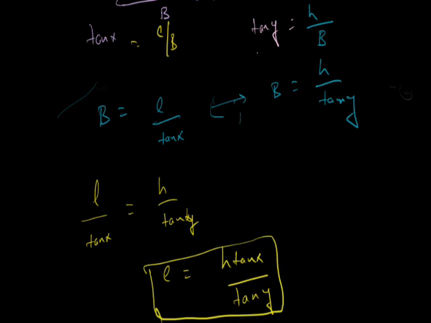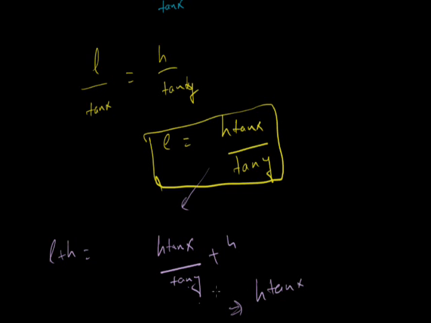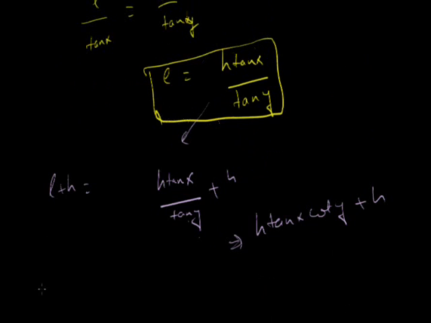Now the total height of the second tower is h plus L. Let me add the h over here. L plus h would be, L is this quantity, h tan x upon tan y, plus h. Let's take the LCM, tan y. Can I say this is h tan x upon tan y, that is h tan x cot y, plus h, or I can say L plus h, the total height, is h(1 + tan x cot y), hence the answer.